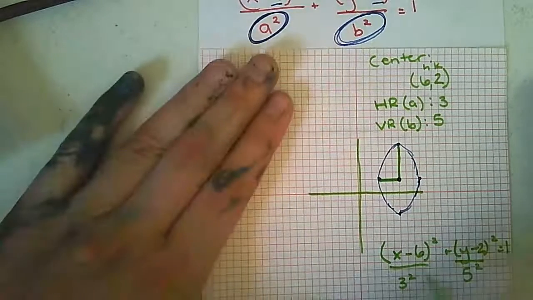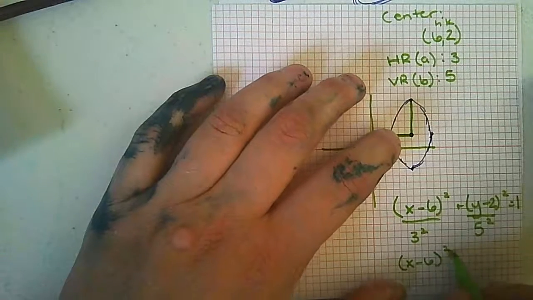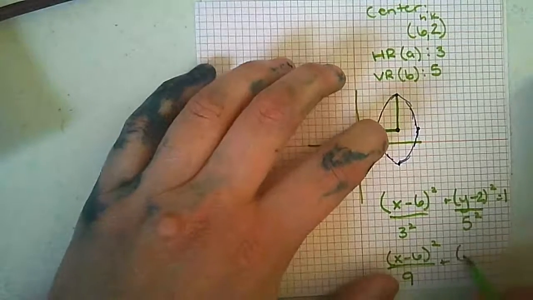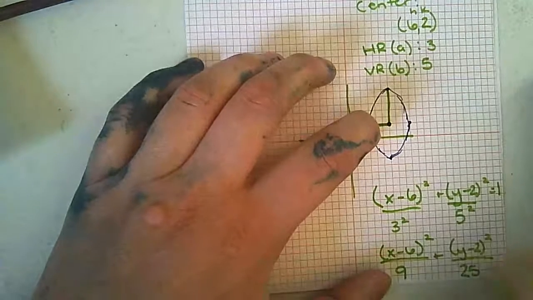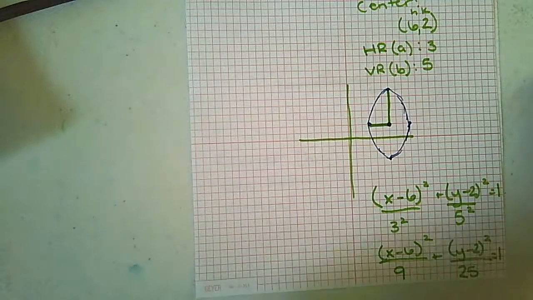Then let's go ahead and clean this up. We have minuses there, so I'm good with the top. 3 squared, though, I can rewrite as 9. And same thing with 5 squared. 5 squared is 25. So there's the equation of your ellipse.